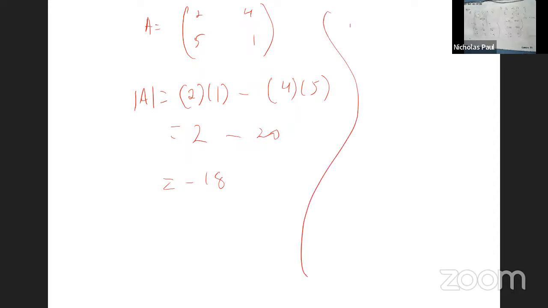Try the next one. B is equal to 4, 2, 8, 1. Tell me what you get.